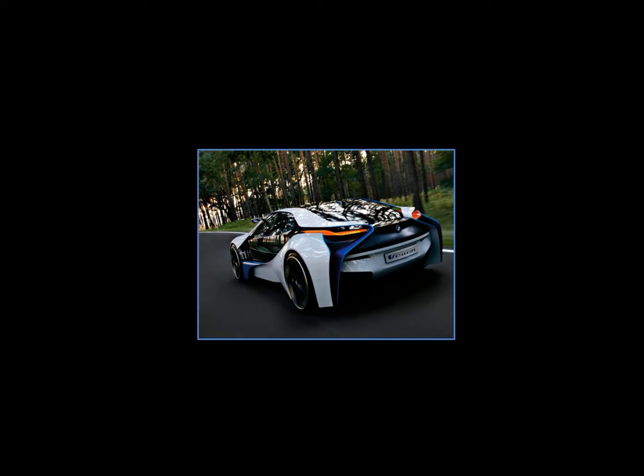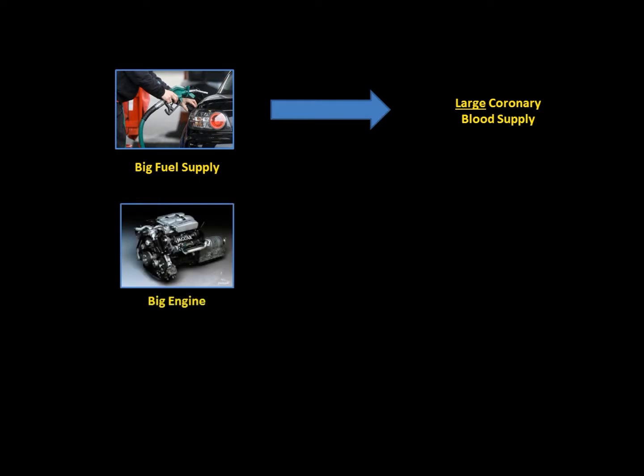So to put all that together, imagine that the heart is a supercar. If you were building a supercar, you'd want it to have a big fuel supply. Well, the heart has that because it has a large coronary blood supply. So there's constantly oxygen arriving in the heart tissue ready to be turned into energy. You'd also want your car to have a big engine. Cardiac tissue also has this because it has a large amount of mitochondria.